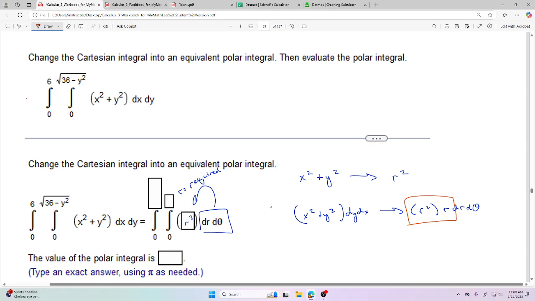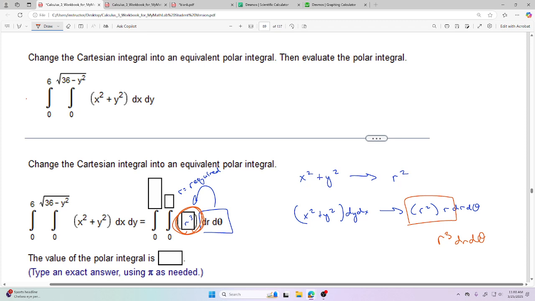The math was fine. They're just trying to get you. So watch out for that. You're like, man, I got it right. I know I got it right. And then it's like, what's the difference between these two? And it's going to be the stupid little r. Are we okay with that? Again, the conversion's perfect. They just want you to include that. So that's why it's r cubed.